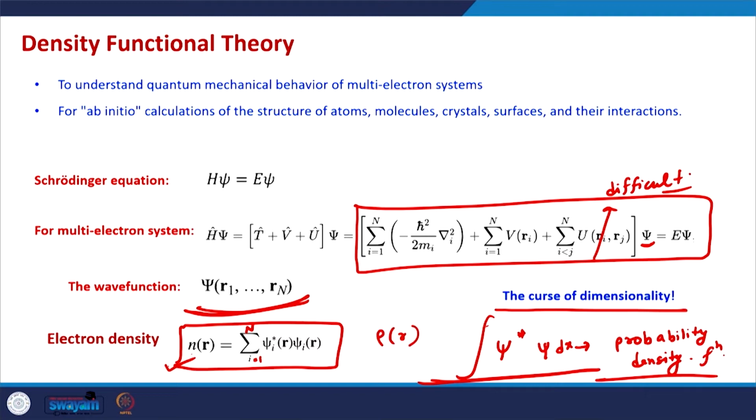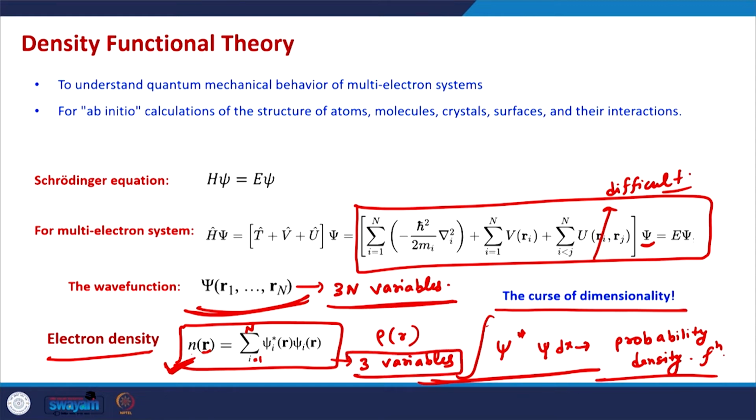Now this electron density function is just a function of 3 space variables, whatever be the number of electrons, whatever be capital N. To quickly remind you, the wave function is a function of 3n variables, but the electron density is a function of just 3 space variables, if we are considering only the time-independent part.